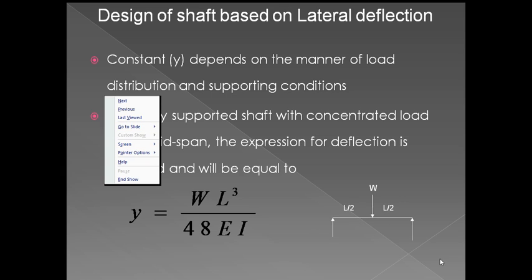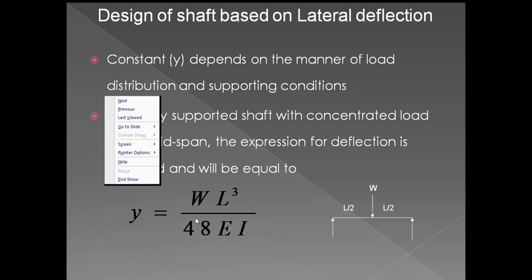The shaft is supported on two ends. It is a simply supported beam with concentrated load at the midspan. So Y equals, the common thing is WL³ by EI.